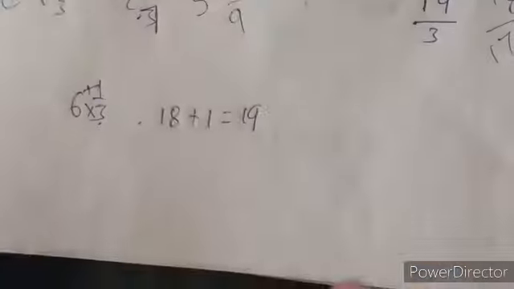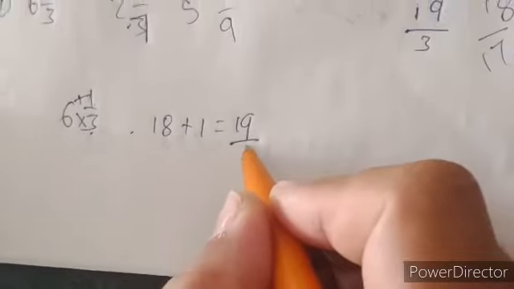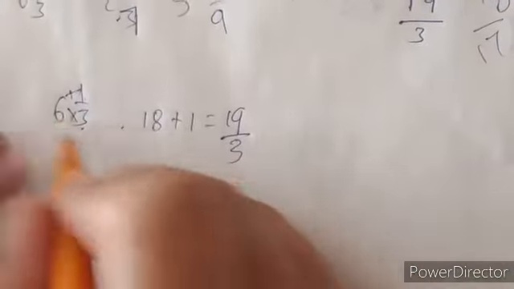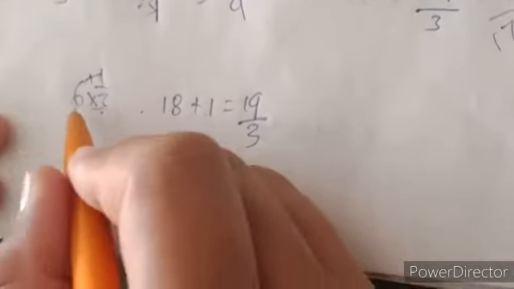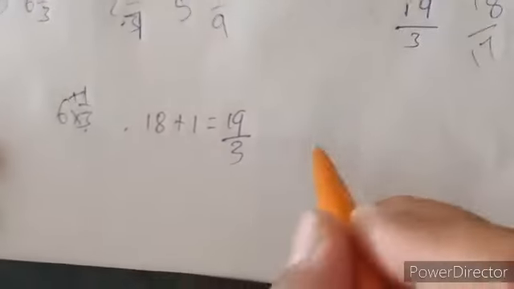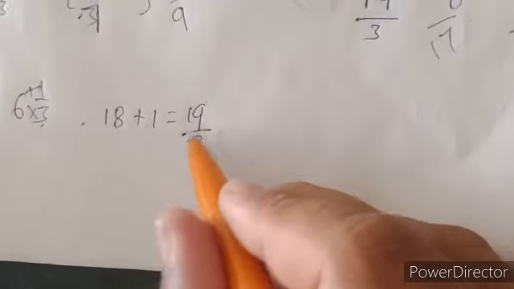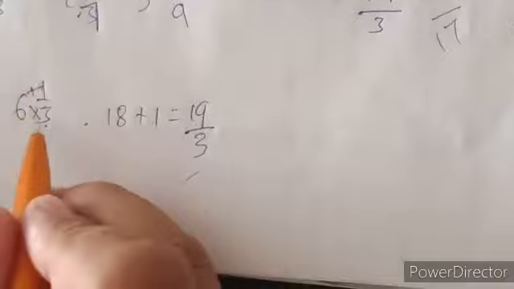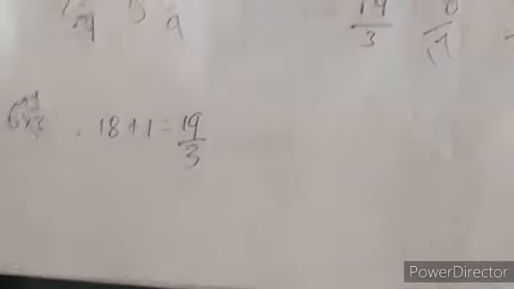And now to complete the solving of the mixed fraction, we'll do it over 3. After multiplying and adding, you've got 19, and you put it over 3, the lower number, for all the cases.